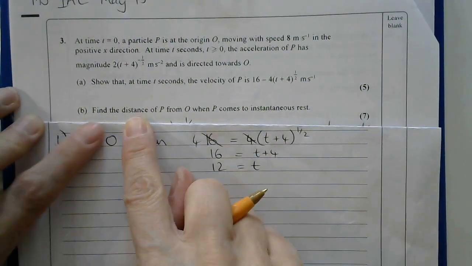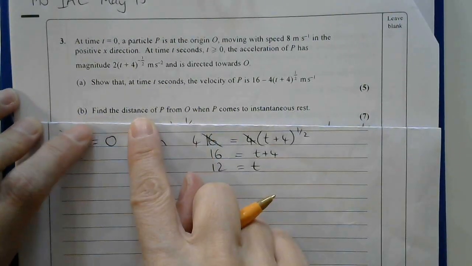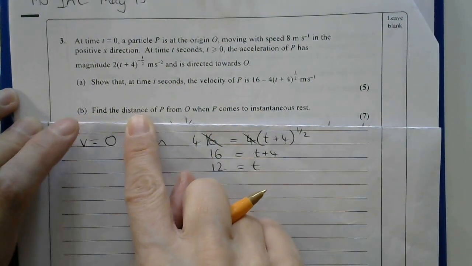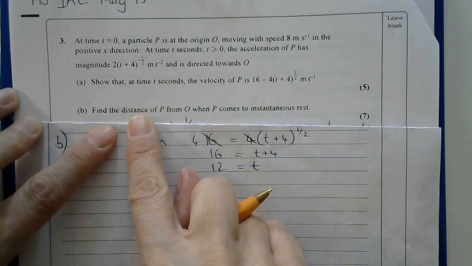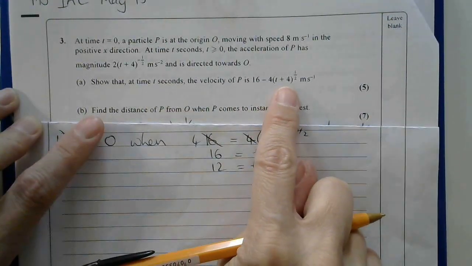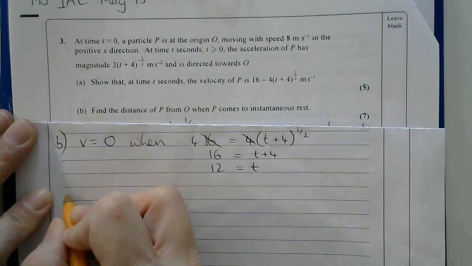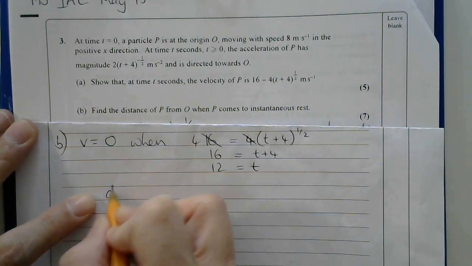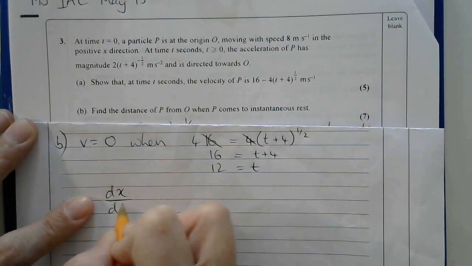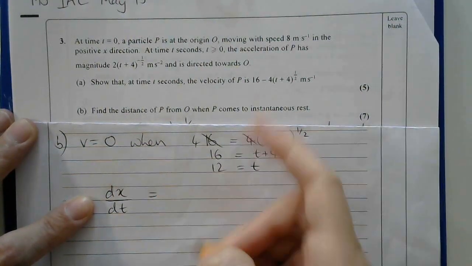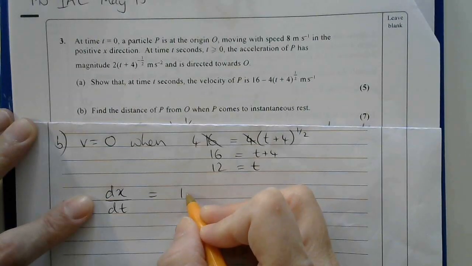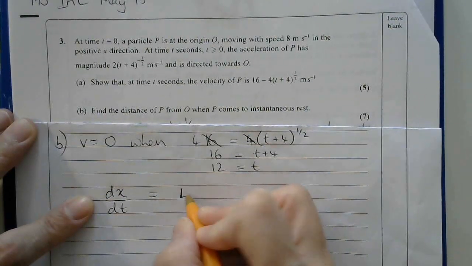Now, if they are asking me for the relationship between x and something, then I need to write this velocity in a different way. Now, velocity is equal to dx by dt. And so if I write this expression, I have 16, or I can take a factor of 4 out.